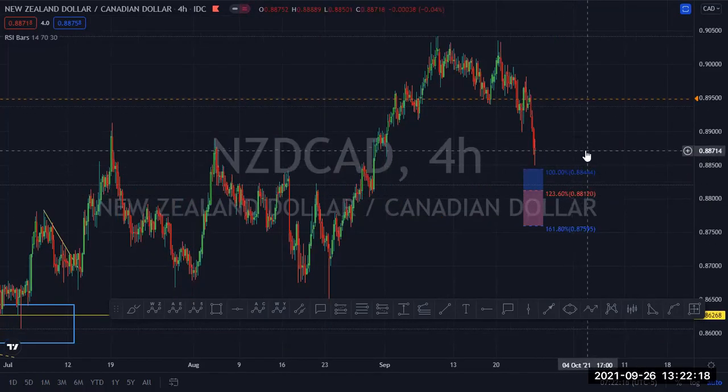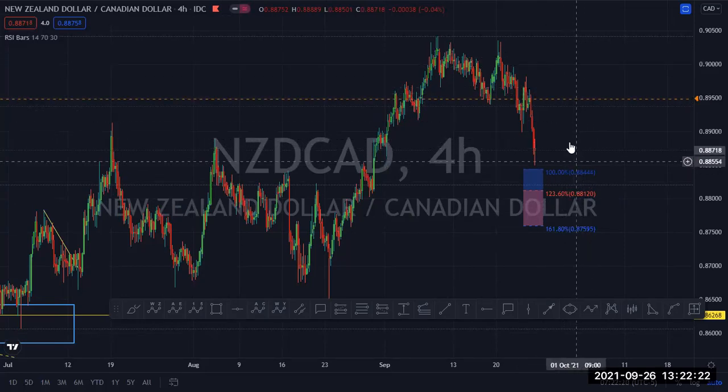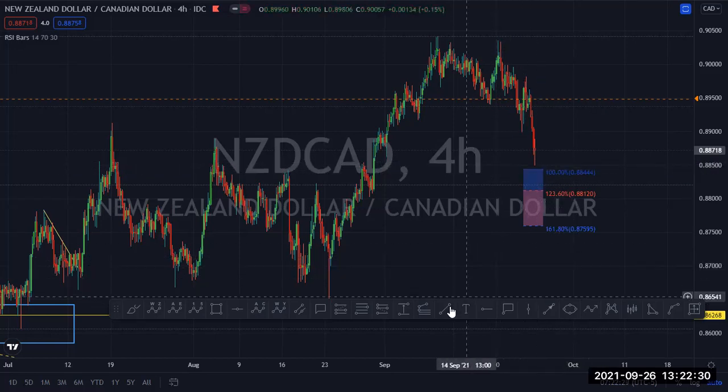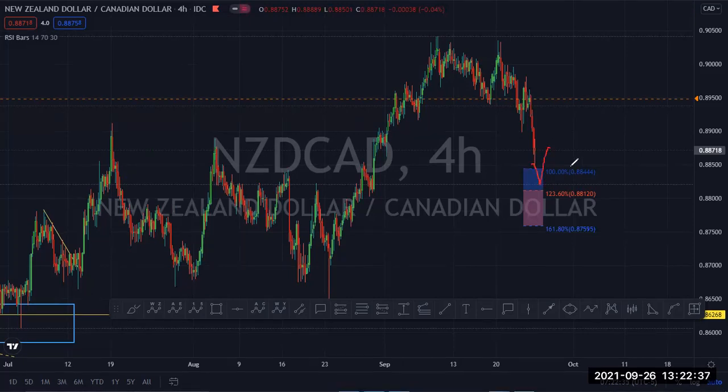Now on 4 hours, you can see that the pair is selling, but you don't enter sell from here. We have a pattern that is about to complete. Let it complete and give us a pullback. That's ideal. When it drops to this level and gives us a pullback, a 3 waves correction, then we now sell to break this low. That's my own idea and how I trade.